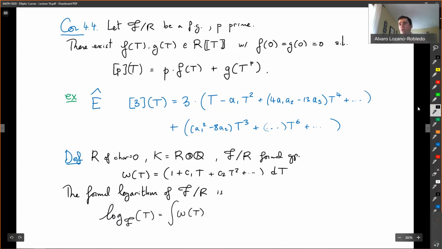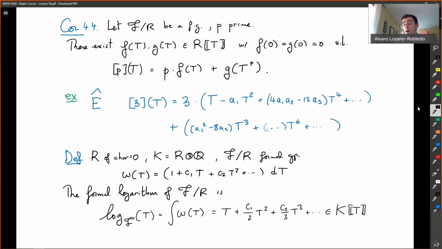That's what differentials are for, to integrate them: t plus c1 over 2 t squared plus c2 over 3 t cubed, etc., which is now a power series in K. The invariant differential is defined over R. When you integrate, you introduce denominators, so this is going to be in K.